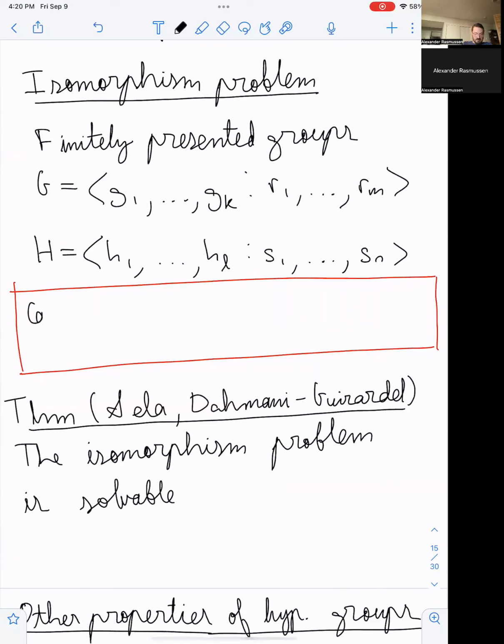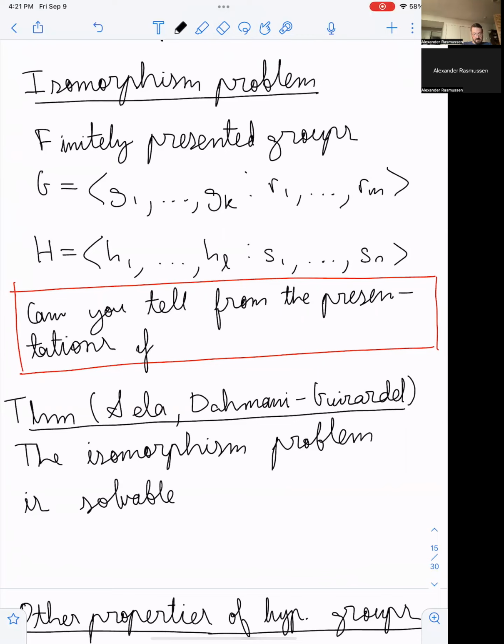So can you tell from the presentations if G and H are isomorphic?